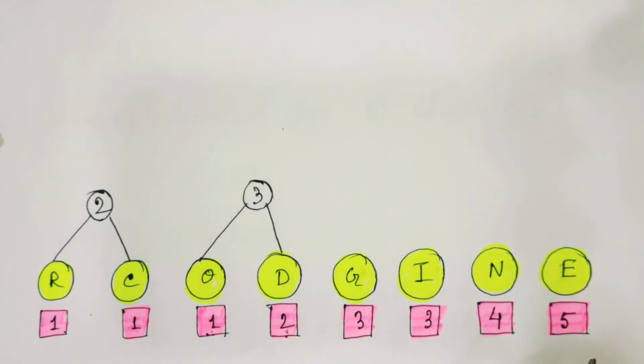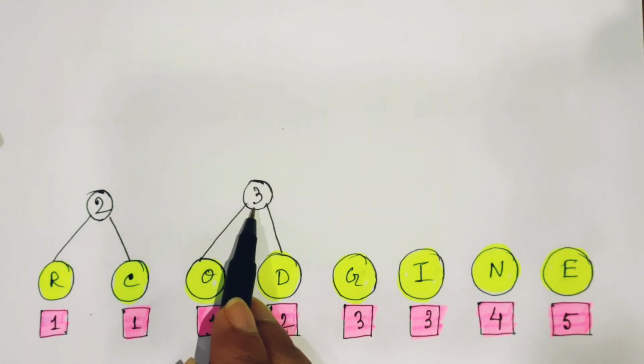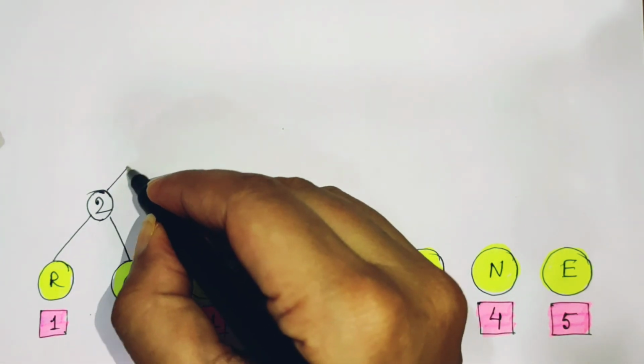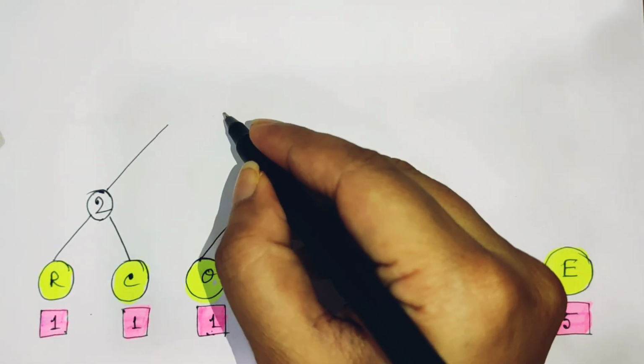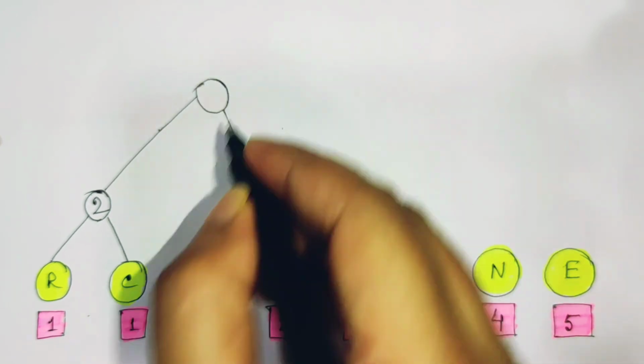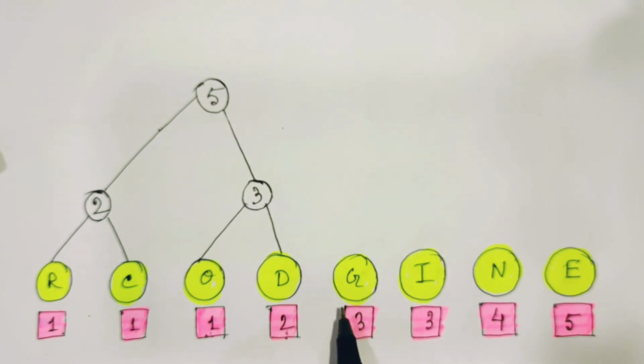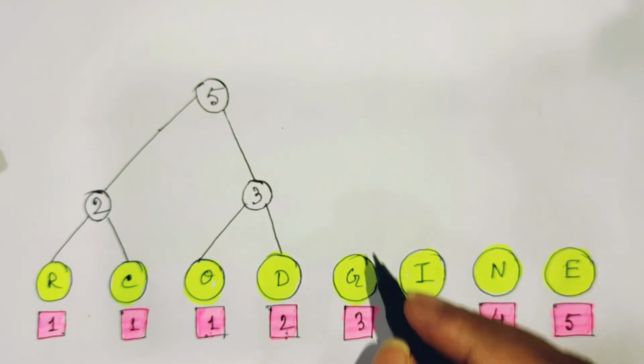Among all these, which are the minimum frequency values? We can take 2 and 3, and accordingly we combine these two. If we combine these two, we find this is 5. Now we combine these two, because 3, 3 are the minimum frequency values.